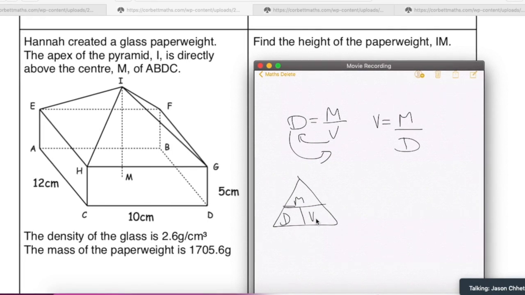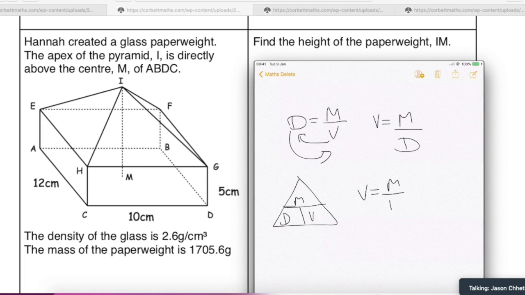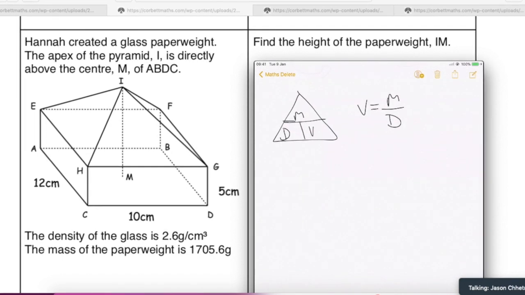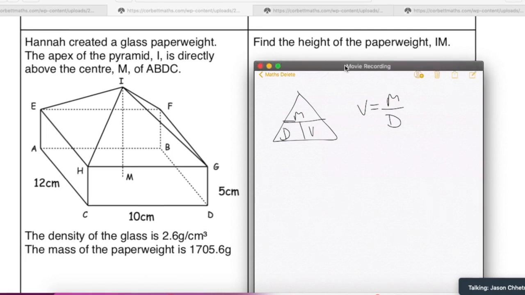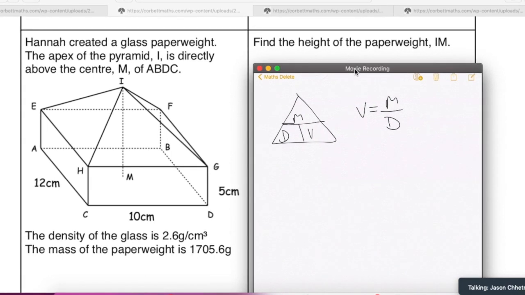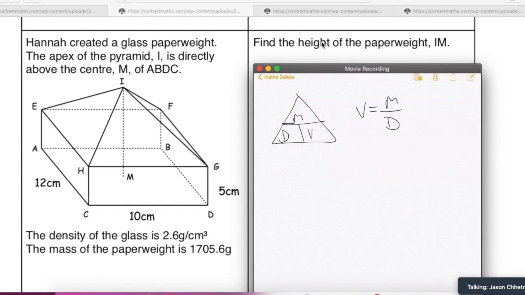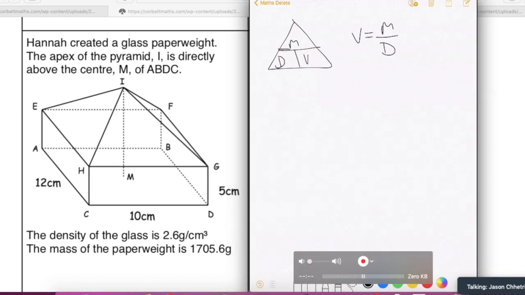So this tells me that volume equals mass divided by density, right? Writing that as a formula triangle. So mass divided by density. And once I know the volume, I can do volume equals the cross-sectional area multiplied by the height. So I can rearrange that to get the height. So let's start with that.